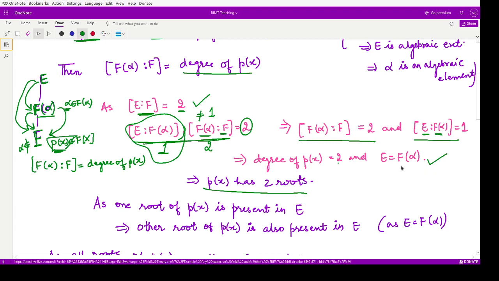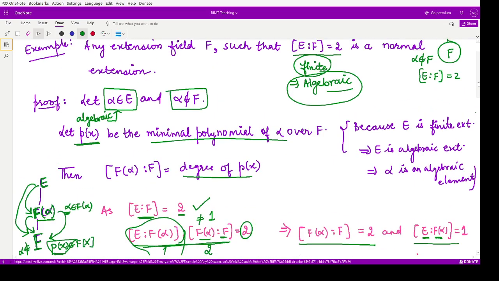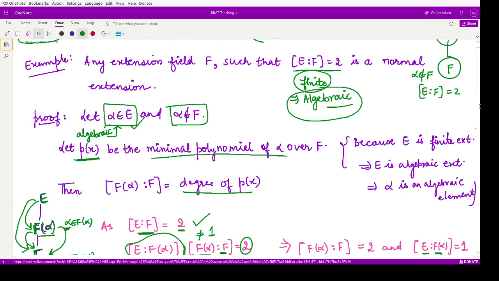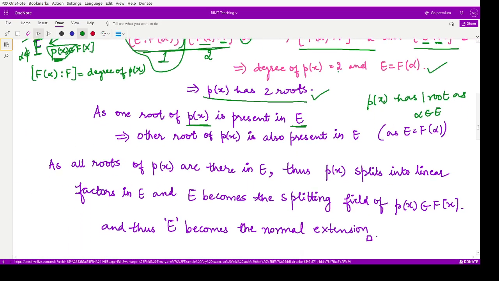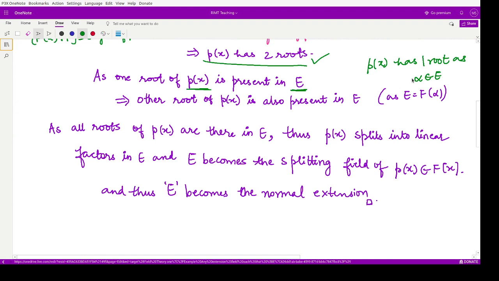Now one root of P(x) is alpha, which we assumed in E at the very start of this proof. Alpha was present in E, and alpha is also a root of this polynomial because this is the minimal polynomial of alpha.